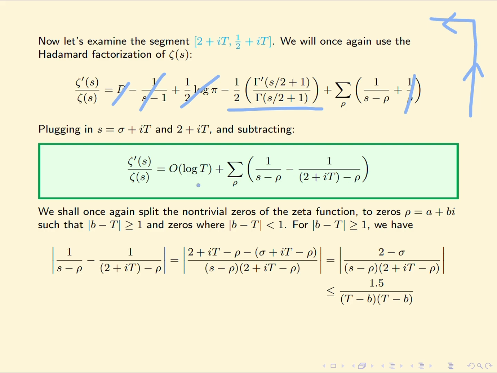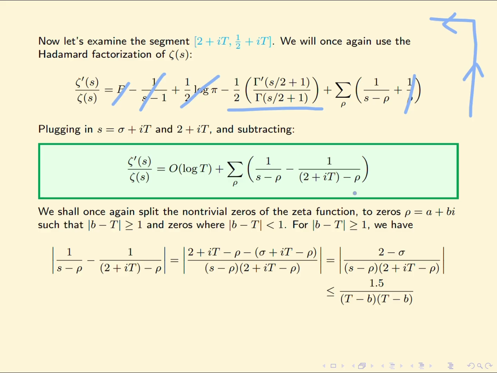And what we're now going to do is split the non-trivial zeros of the zeta function. Suppose rho is equal to a plus bi. We're going to split them into two parts: one part is such that the absolute value of b minus t is greater than or equal to 1, and a second part where the absolute value of b minus t is less than 1. So we're going to start with the greater than or equal to 1.